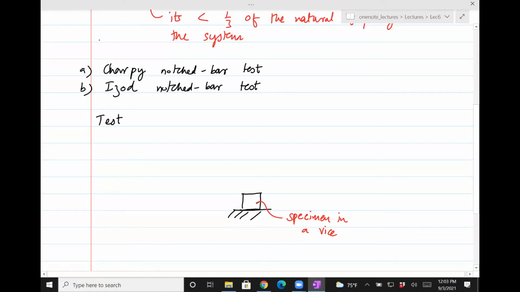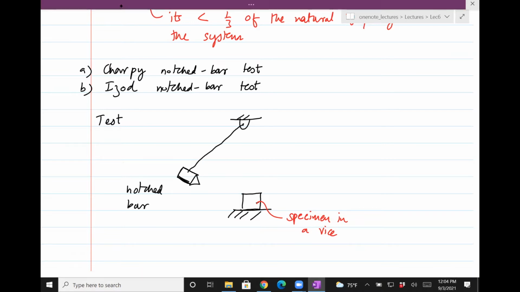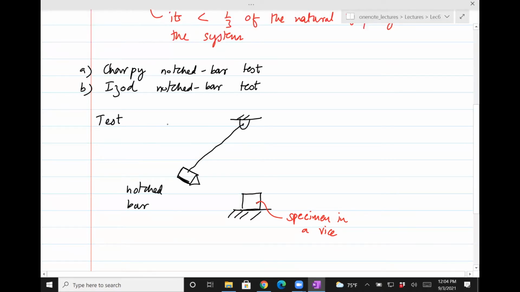Then you take a pendulum, and on the pendulum, fix a notched bar. Release that notched bar from a certain height, h1.